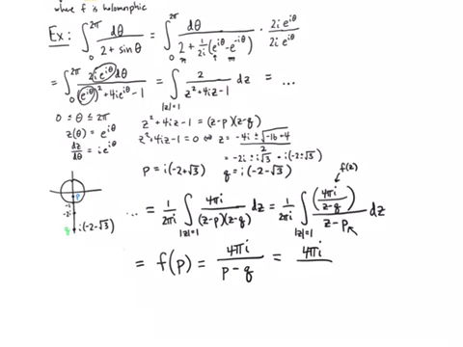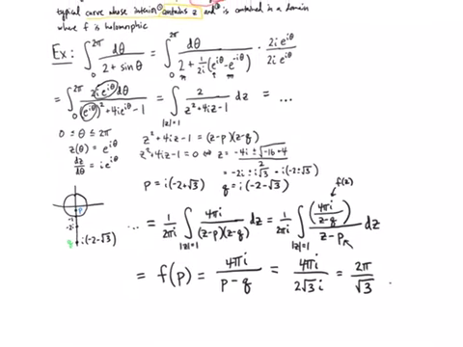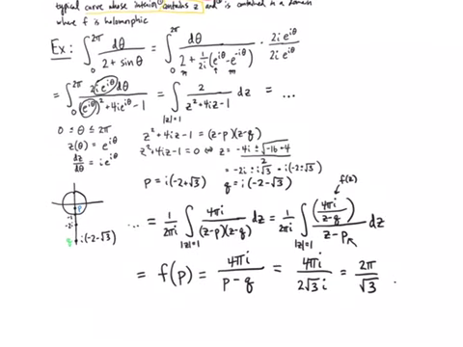We have i times root 3, then plus another i times root 3, double negatives. And so we have 2 root 3 times i. Then we can clean that up just a little bit, cancel some stuff. The i is in a factor of 2. And we find 2 pi times root 3, or sorry, 2 pi over root 3. Okay, so that's the value of that definite integral there.